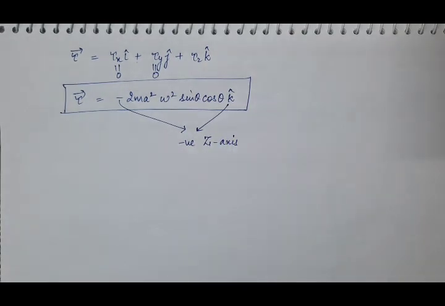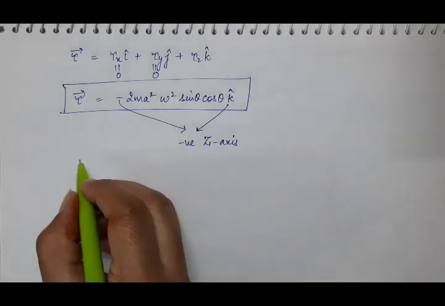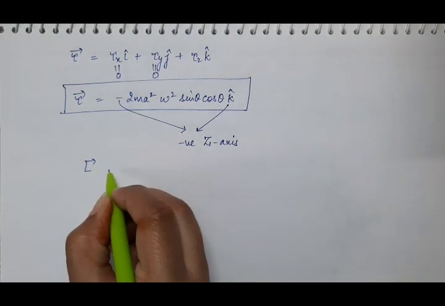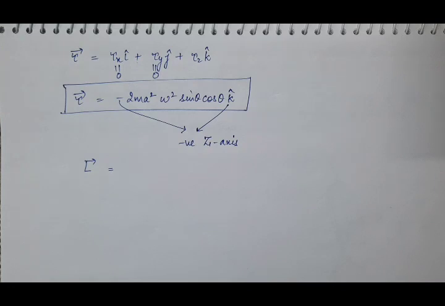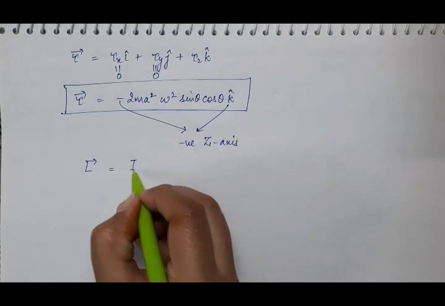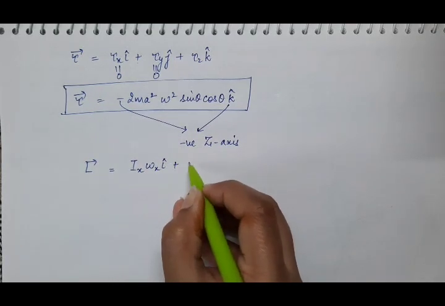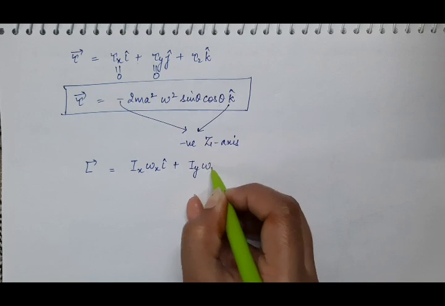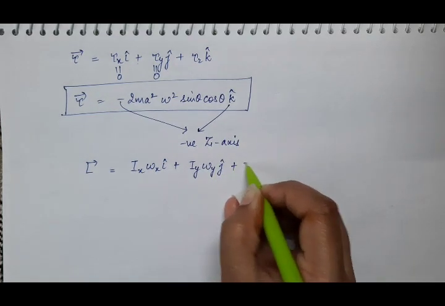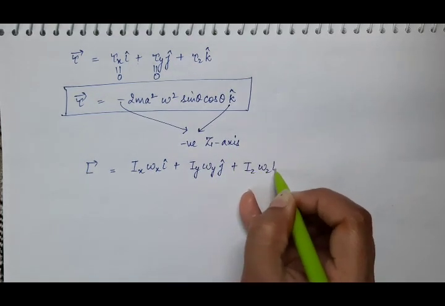And then what about angular momentum? We also have to calculate the angular momentum of the body. And we know that the angular momentum L vector along the principal axis is equal to Ix omega x i cap plus Iy omega y j cap plus Iz omega z k cap.